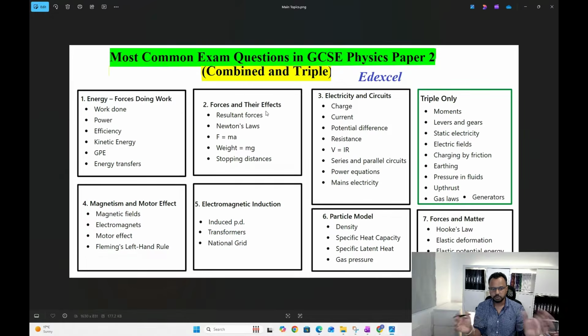If you have multiple forces, you can subtract if they're opposing forces, say 20 to the right and 5 to the left, the overall is 15 to the right. That is a proper definition, but you don't really need that one, but you're fine with this. And Newton's first law, second law, and third law, really important stuff. And F equals ma, weight equals mg, the formula, and stopping distance stuff.